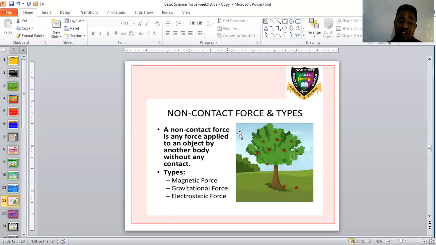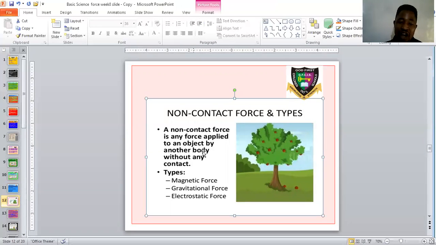A non-contact force is any force applied to an object by another body without any contact. An example is this apple tree. These apples on the floor have been brought down by gravity, a force that pulls everything downwards.